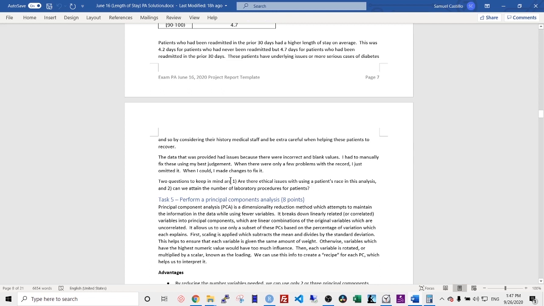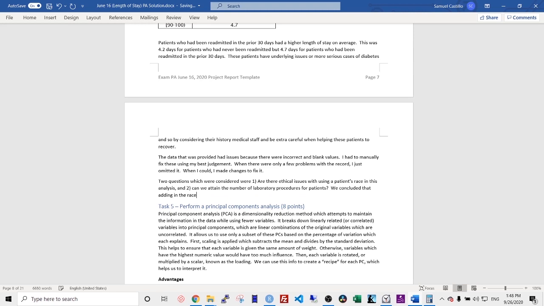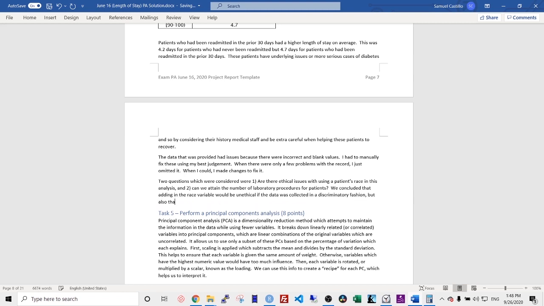So 2 questions which we considered were here. We concluded that adding in the race variable would be unethical if the data was collected in a discriminatory fashion, but also that it could help doctors to provide better care.